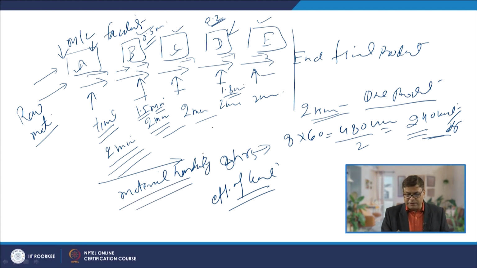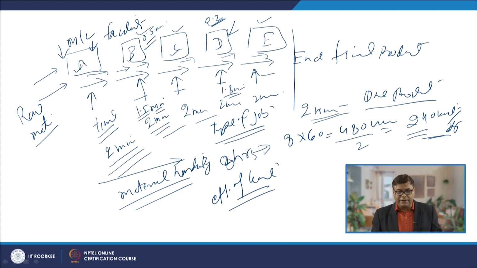Depending upon the type of job to be done, different types of material handling devices are used. So, whenever we consider the development of the product layout, at the same time we have to consider the kind of material handling facility that will be used.